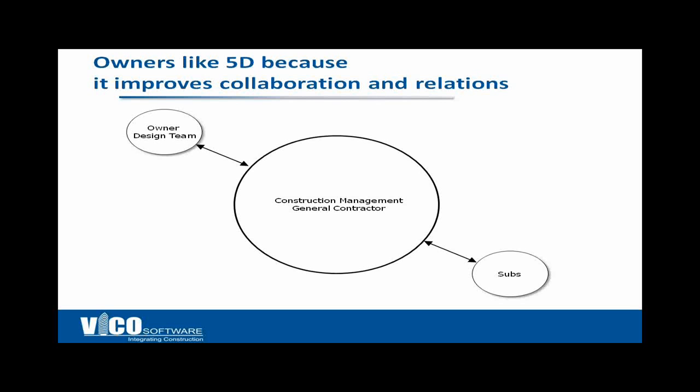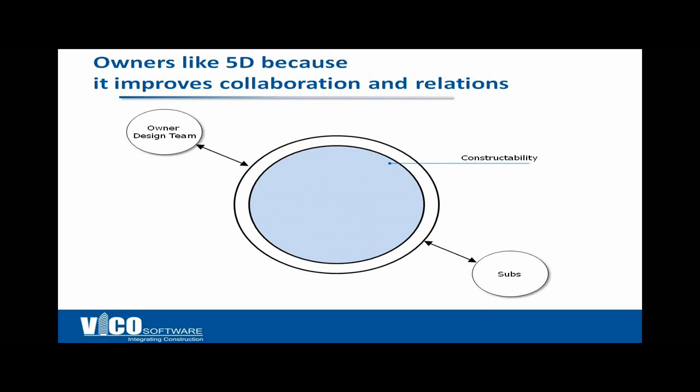If you take the 5D workflow, the owners really like seeing how this can reduce risk and improve the process. It basically runs like this. You start out by making sure that the 3D model is well put together, and we'll talk some about that today. You then extract quantities, both in sum and by location, so that you know what items are driving the cost.